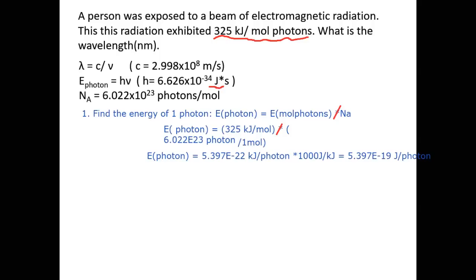Step two is we got to find the wavelength. Remember, wavelength, I don't have the symbol for lambda, but lambda would equal hc divided by the energy of a photon. So if we know h and c, which is Planck's constant and speed of light, and we know the energy of a single photon, we can calculate the wavelength.